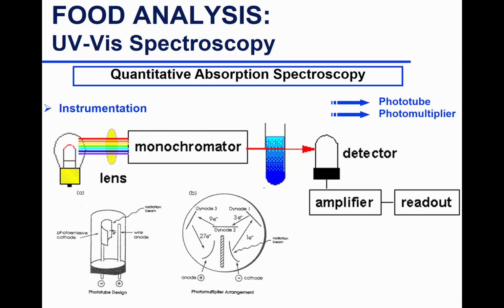It goes to a dynode, another dynode where you have more electrons emitted, and another dynode, you are multiplying the electrons that are emitted. By the time they reach your anode, you have really amplified the signal. Instead of one electron reaching, you are getting 27 electrons. So you're really amplifying your sensitivity, and you can detect at much lower concentrations.